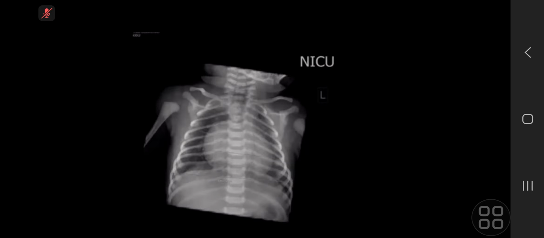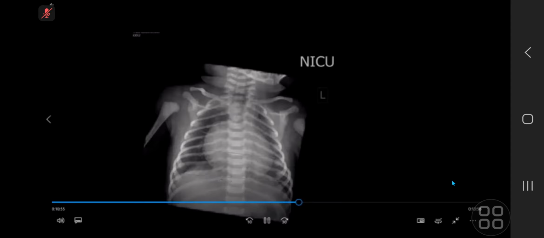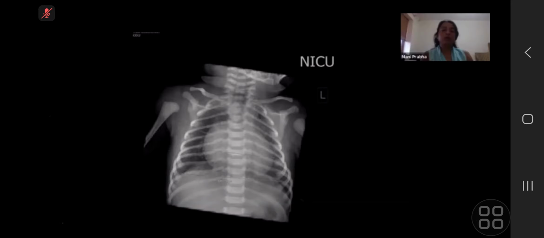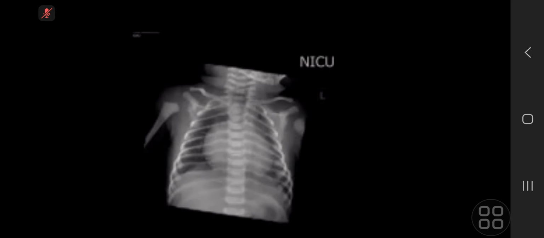With pulmonary plethora, I would be thinking about things like transposition of the great vessels, or total anomalous pulmonary venous return. And the other thing I'd be thinking of would be truncus arteriosus. Which chamber is enlarged in this one?